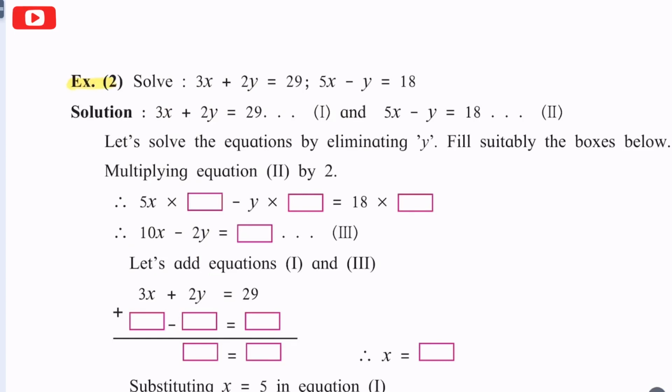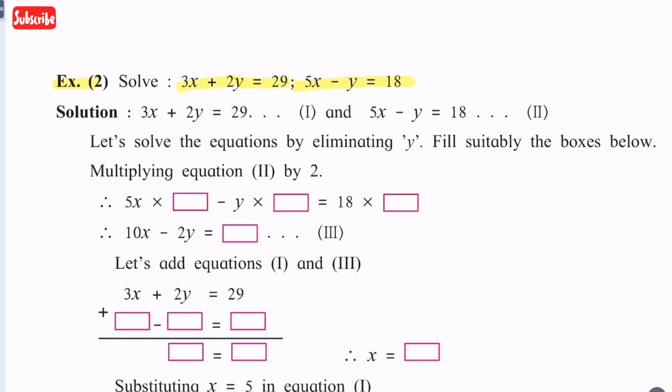Example 2. Solve 3x plus 2y equal to 29, 5x minus y equal to 18. We can see in the first equation, the coefficient of y is 2. In the second equation, the coefficient of y is 1. So to eliminate y, we'll have to make the coefficients of y the same and then add the two equations.